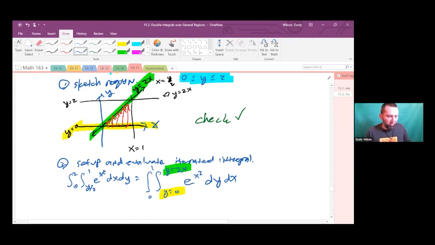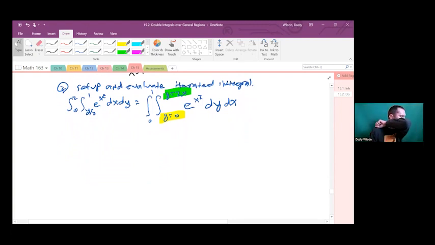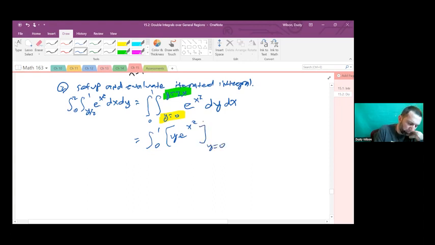So let's see how this works out. Antiderivative of e to the x squared with respect to y is just going to be the integral from 0 to 1 of y e to the x squared, from y equals 0 to y equals 2x dx.